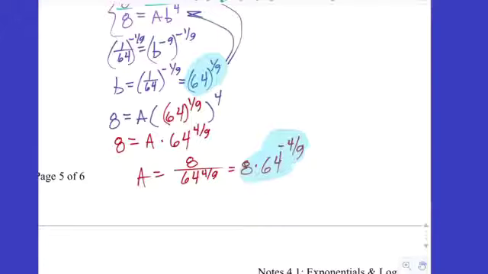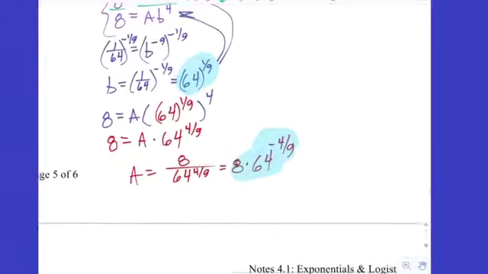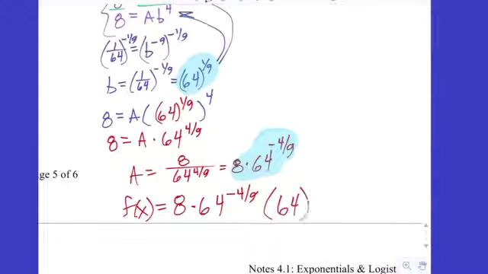So now you have your b as a power of 64, and you have your a as a power of 64 factor. So now you're just going to plug it in. So f of x equals a, which is 8 times 64 to the negative 4/9. There's a, times the base, 64 to the 1/9, to the x power, which is 64 to the 1/9 x power. So again, you can skip that step. Just know that you're going to multiply them.